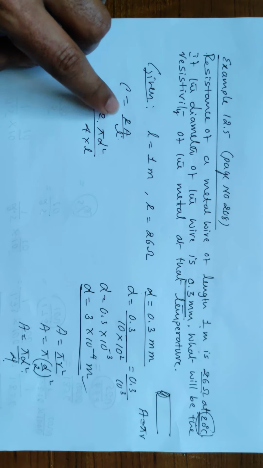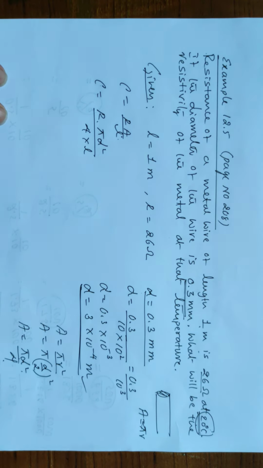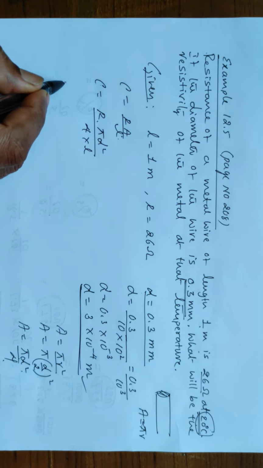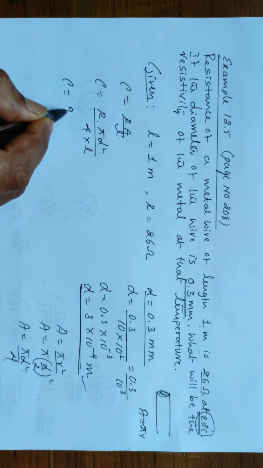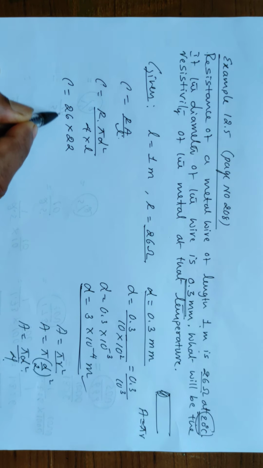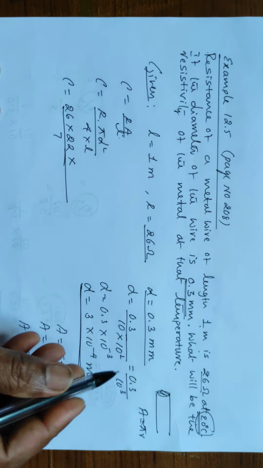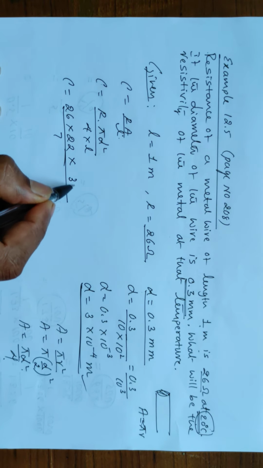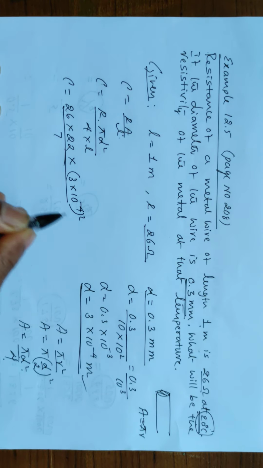I have written R and L as it is, and in the place of A, I have written pi d square by 4. Let me substitute the values. Rho is equal to 26 ohm resistance, into 22 by 7, into diameter 3 into 10 power minus 4 whole square.